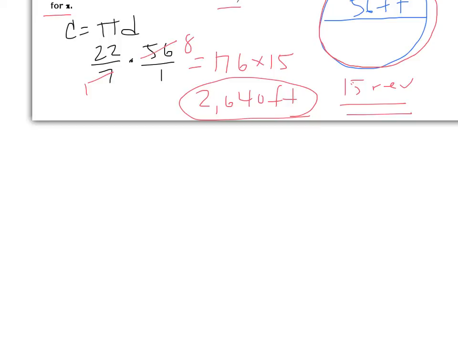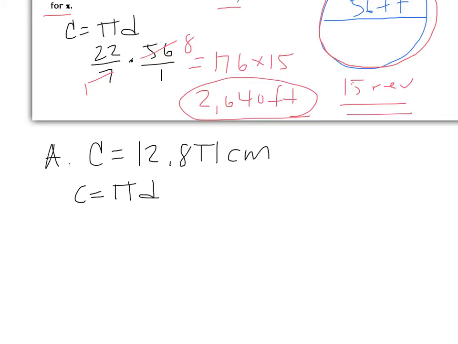Okay, for the last two on your paper, they're not on here, but I can do them. Letter A says find the radius of each circle, so its circumference equals 12.8 pi centimeters. Okay, so they want us to find the radius. Okay, so circumference is pi times diameter.